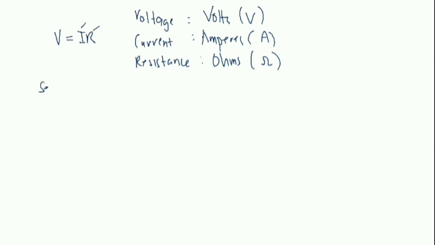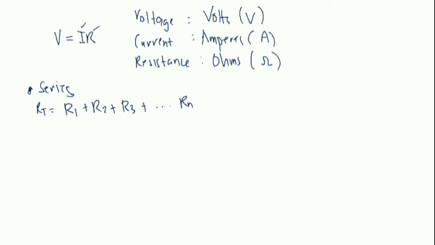In a series connection, the total resistance is the summation of R1 plus R2 plus R3 plus so on up to Rn.